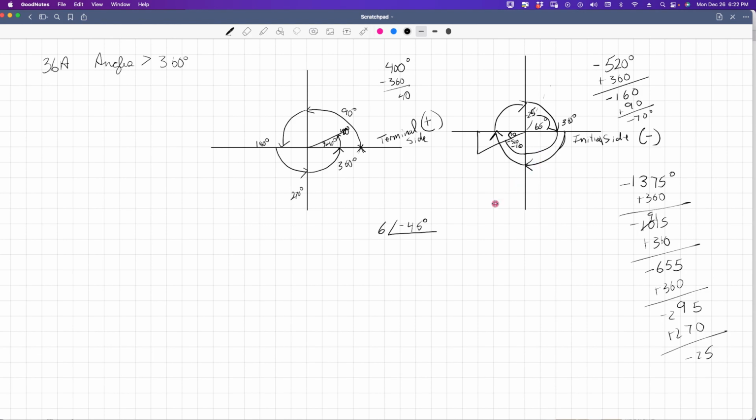If you have a negative 6 with a positive 45 degree, then it's measured this way, 45 degrees, but then the negative is switched over here and you have to adjust your 45 degree to the terminal measurement of whatever that is. All right, so just some things to think about with angles greater than 360. So let's move on to 36B.